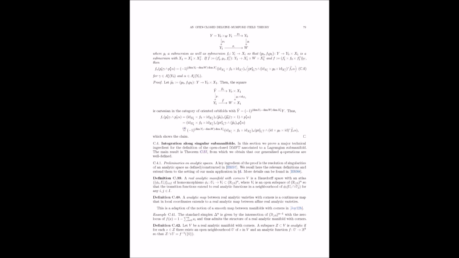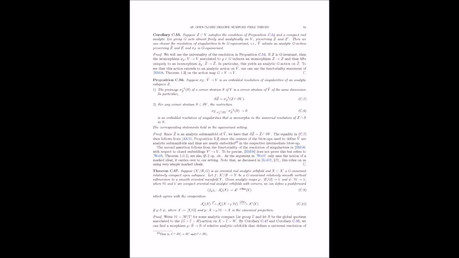So it's a way to quantify the geometric information we're trying to understand. Exactly. And the paper we're talking about today defines an open-closed Deligne-Mumford field theory that's specifically associated with the Lagrangian submanifold. And this lets us calculate these invariants, these numbers that capture important geometric information for open stable maps, the ones with boundaries on that Lagrangian submanifold.